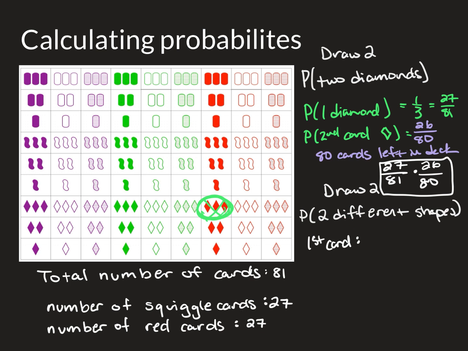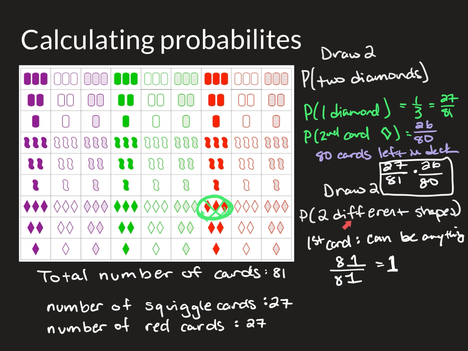So my first card can be anything. And so the probability that I draw a card and it is something is 100% or just 1, or you could call it 81 out of 81 if you wanted. For my first card, any card will make me happy. It doesn't really matter.